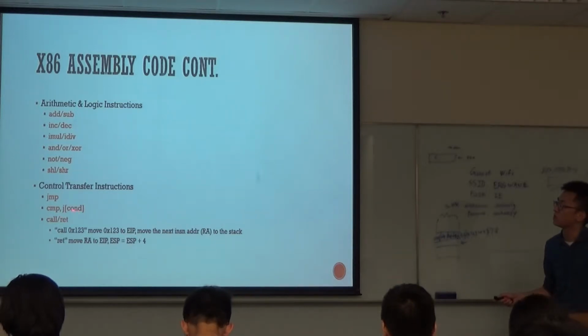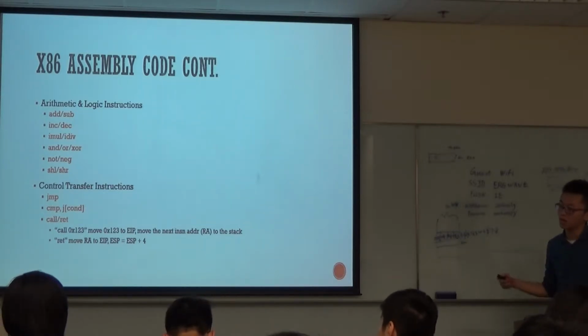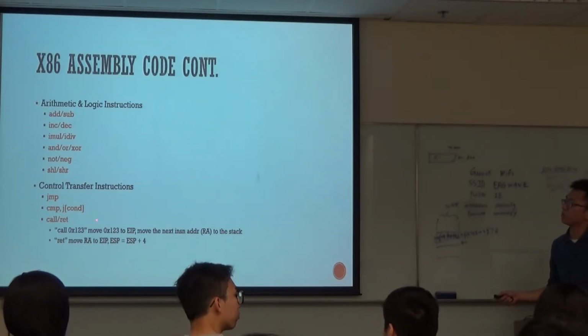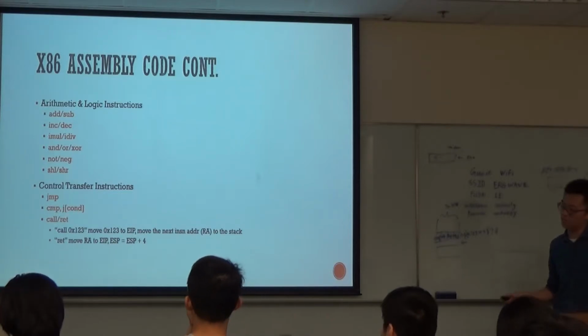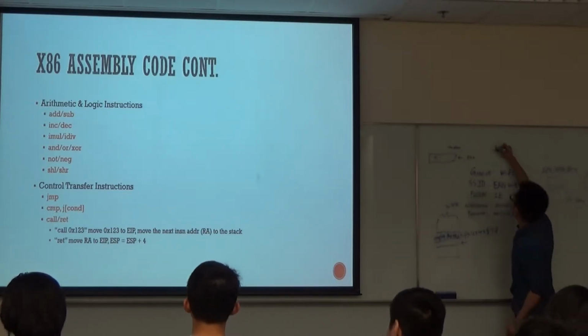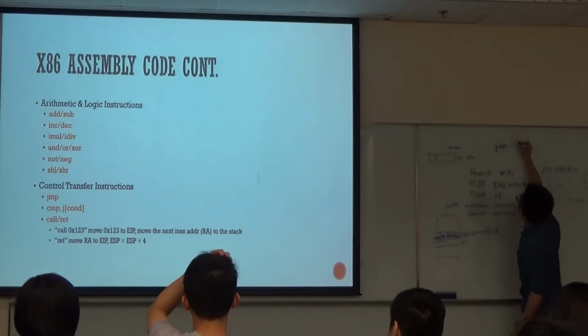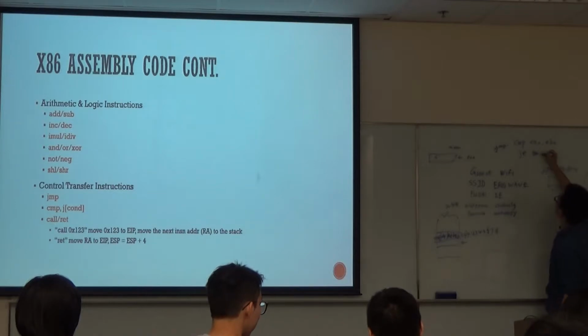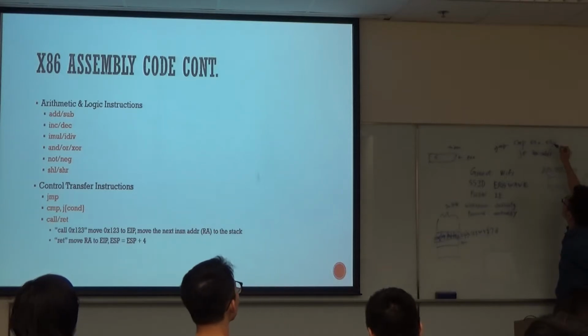And compare and jump condition, which means, for example, compare EAX and EBX, JE some address. It means compare the value in EAX and EBX. If EAX equals EBX, then we go to this address.